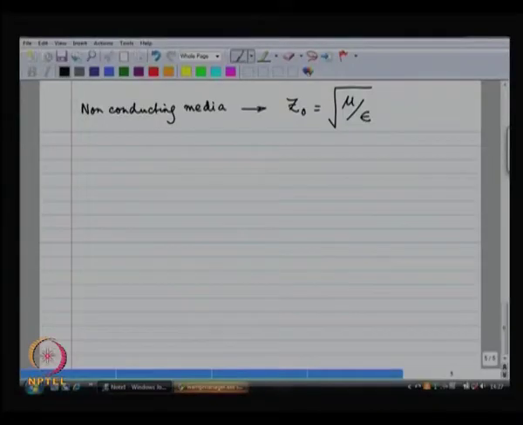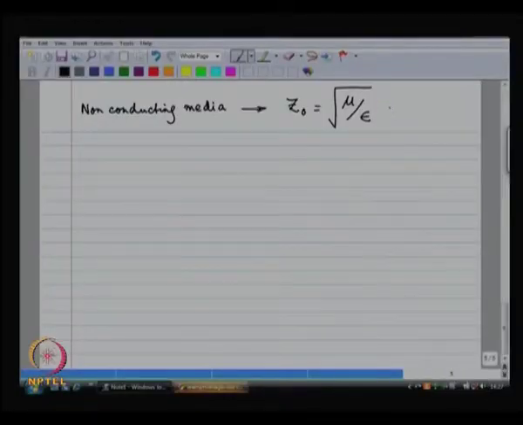So, for typical medium, mu is going to be equal to mu naught, unless it is iron or something. And epsilon is basically the dielectric constant times epsilon naught, right. So, this is typically what the characteristic impedance is going to be if it is a non-conducting transmission medium.